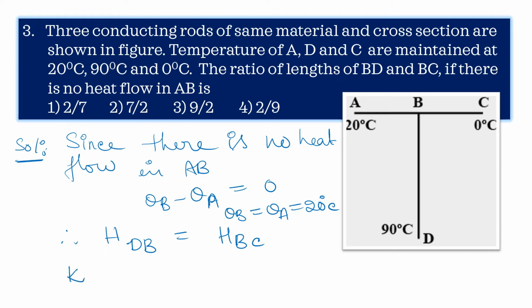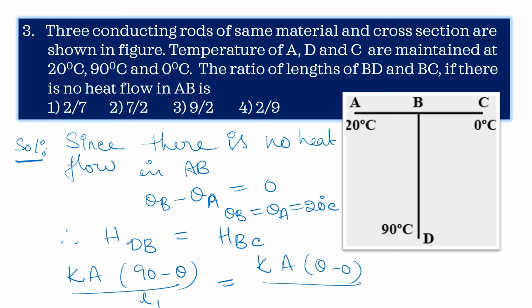Now rate of flow of heat in DB, that is Ka (90 minus theta) by L, is equal to Ka (theta minus 0) by, here this is L1 and this is L2.